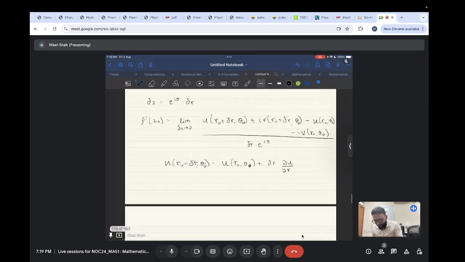What I'm doing is just a simple Taylor expansion, because this is an analytic function, so you can do this.